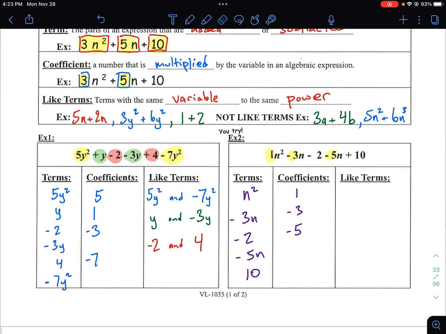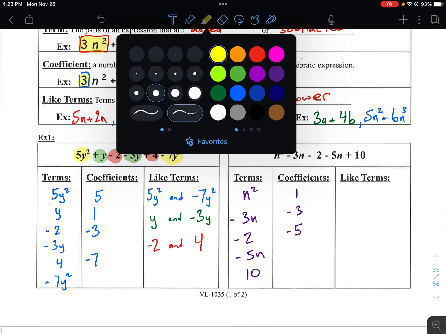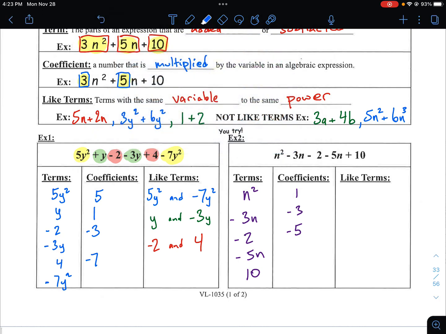And if I asked you what the like terms were, what are my like terms? Well, start with the first one. Any n squares? Actually, there are no n squares, so no like terms that go with n squared. How about 3n? Anything that goes with 3n or negative 3n? Yes, 5n, so let's do that in blue.